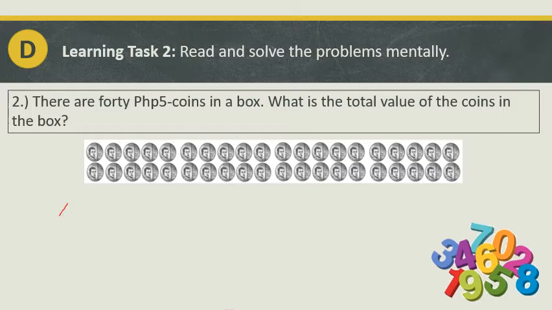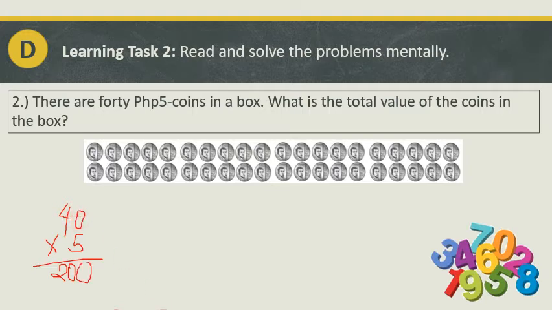So, kung 40, tapos yung 40 na yun, bawat isa ay 5 piso ang value. So, magkano daw lahat yon? So, nakikita nyo dito, yung uunahin natin, yung non-zero digit. So, wag muna natin pakalaman tong zero. So, dito muna tayo. Ang 4 times 5, 4 times 5 lang muna. 4 times 5 is 20. Then, idagdag lang natin tong 0.